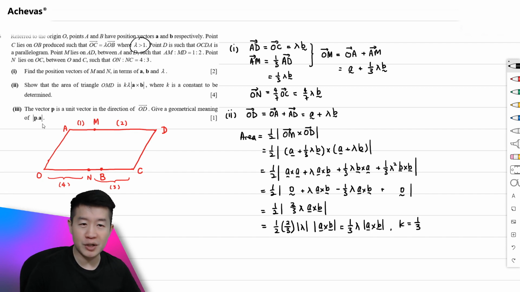So I want to give the geometrical interpretation of modulus of P dot A, where P is a unit vector in the direction of OD. The best way to answer this question is to have memorized formulas like this. I'm suggesting to my tuition class, and you should try the same, because now you are preparing for your prelims, you will see a lot of this kind of geometrical interpretation question.